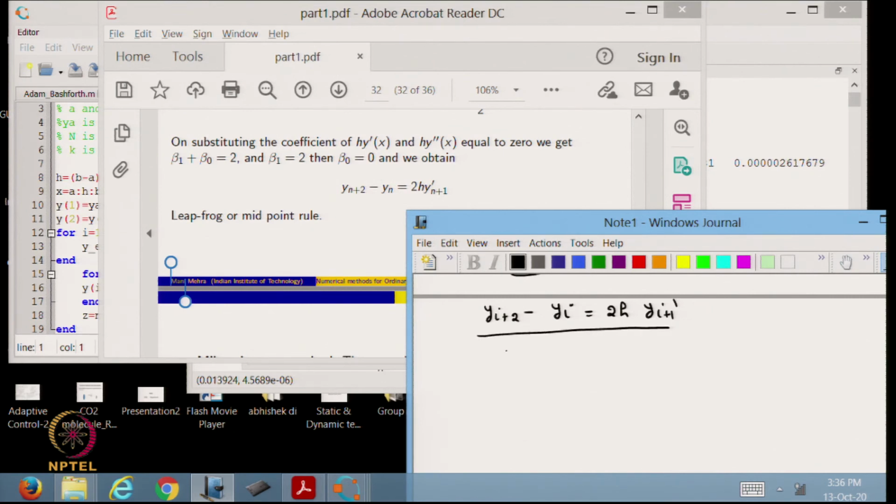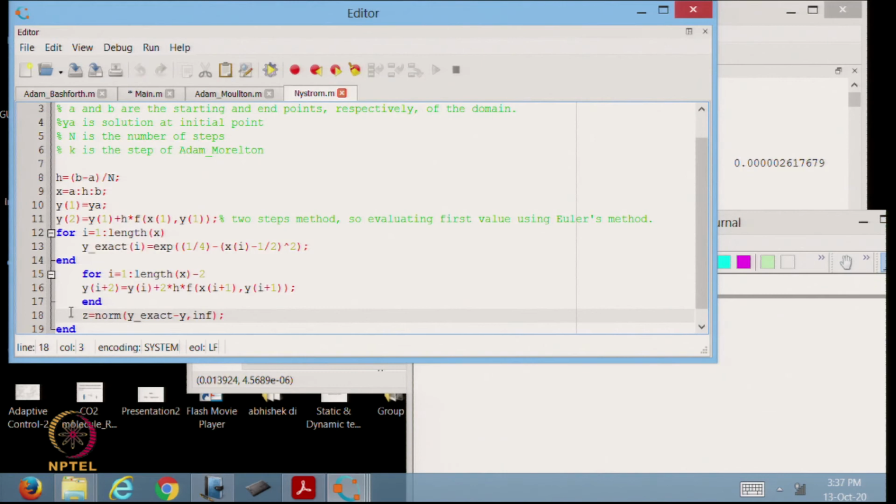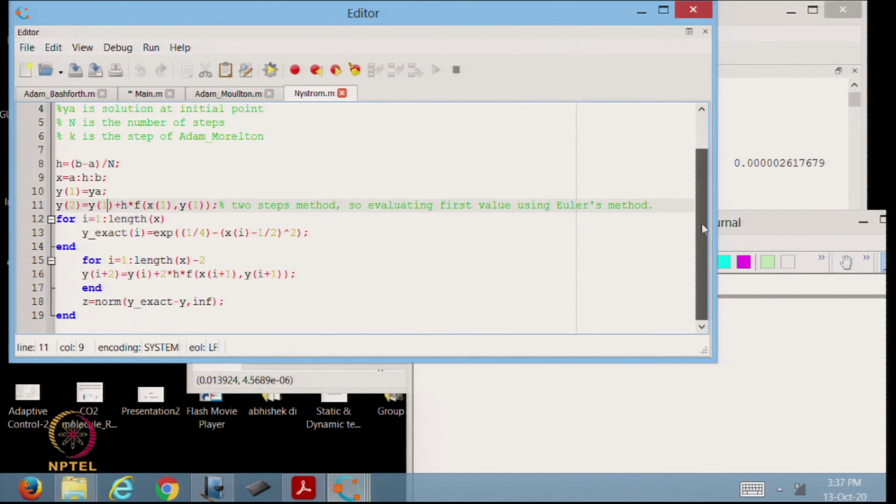I have to choose another method to go from yi to yi plus 1. Because the final order of the method is 2 and the local truncation error in case of forward Euler is also 2, that is why in this case also I am choosing forward Euler, which you can observe from here. Y1 is 1, Y2 is predicted by using the Euler method. Everything is commented.